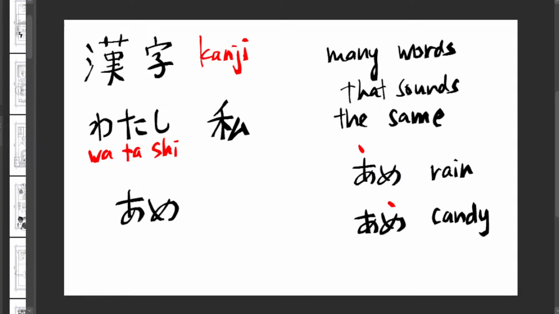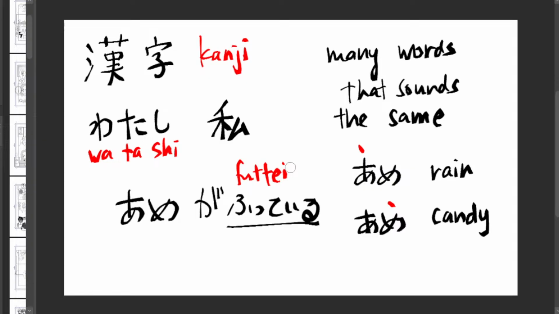Of course, you can always differentiate from context. For example, 雨が降っている. 雨が降っている means that ame is falling down. Do you say rain is falling down? No. Rain is pouring down. Okay? So something is coming down from the sky. This is 降っている. So this is 雨.